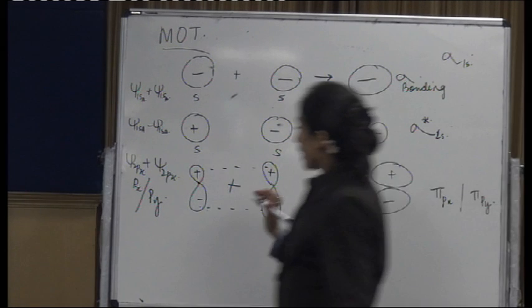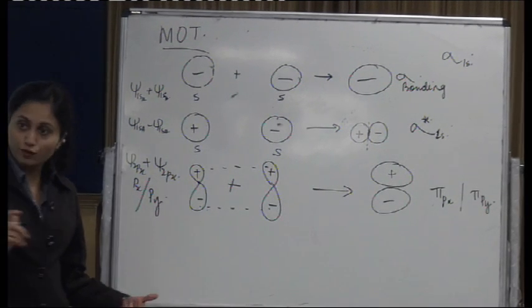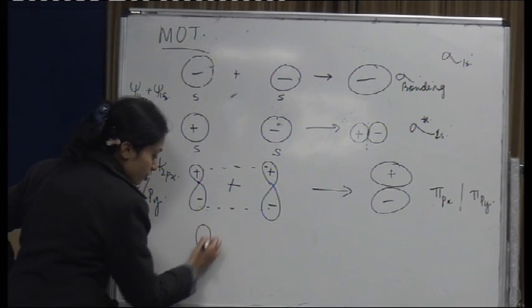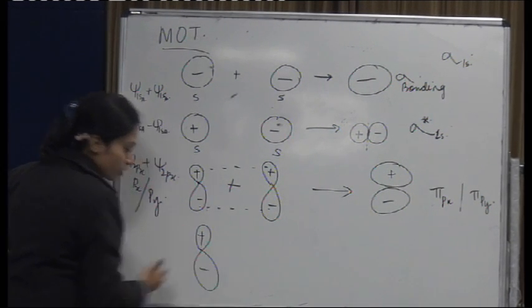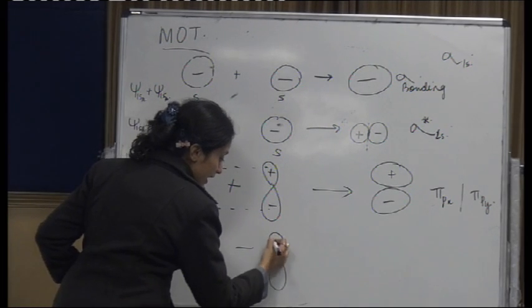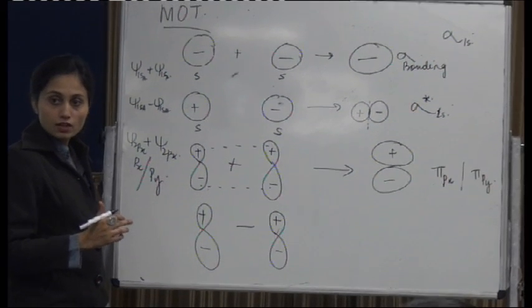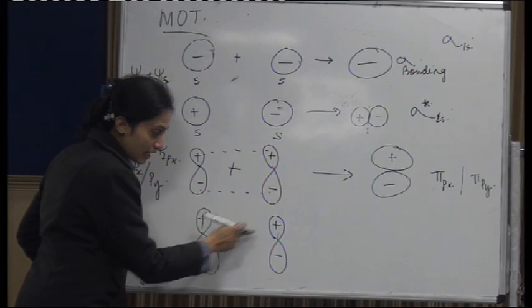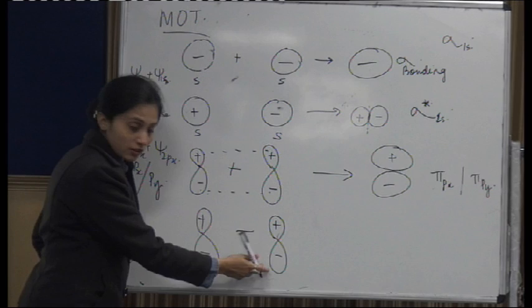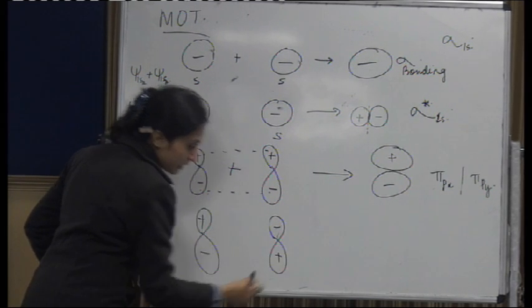Got it? Now if I talk about the positive combination, I should also be talking about the negative combination. So the negative combination will be, this is our normal px, alright, minus of the px of the other orbital. So now in this case the minus sign has come, so the signs of these two will change. Because of the minus, now this will become minus and this will become plus.